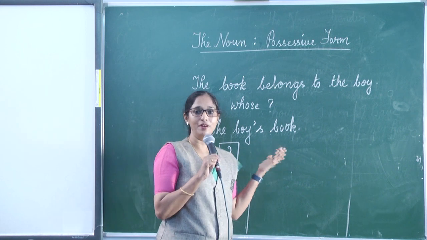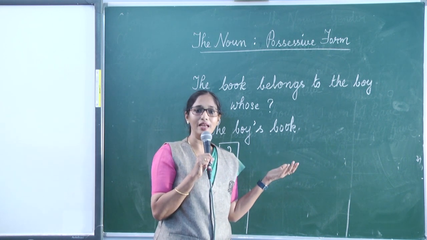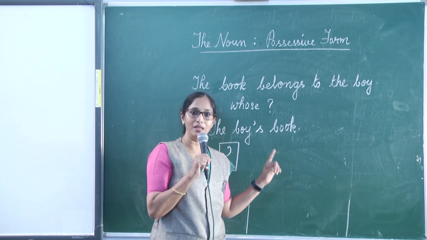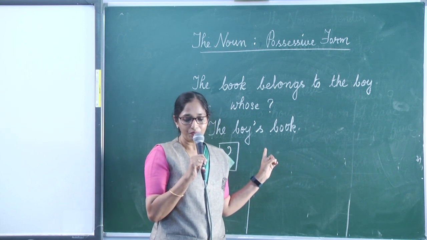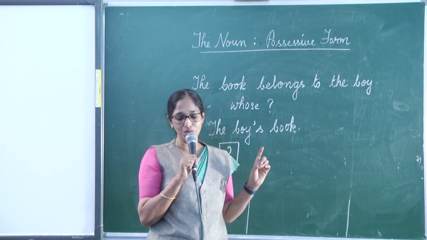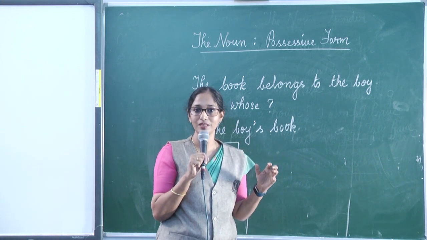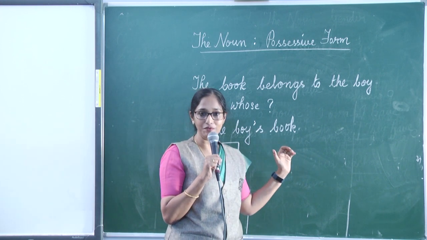There are different ways to put the apostrophe, and you need to be very careful when you put this sign of apostrophe depending on the number of the noun. So let's learn some general rules to form possessive nouns, and these rules are very important. Once you understand the concept, it becomes very easy for you.